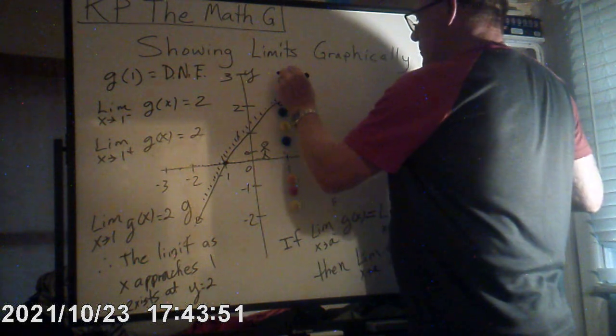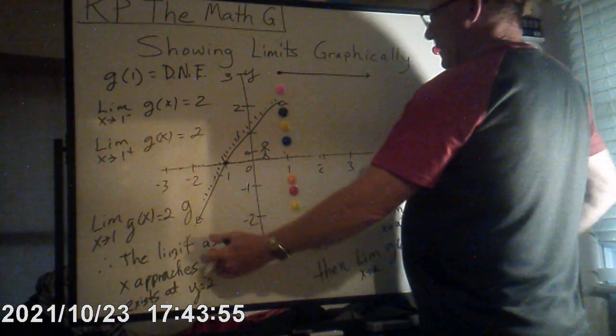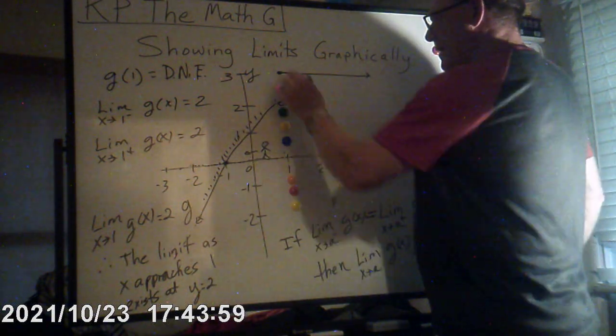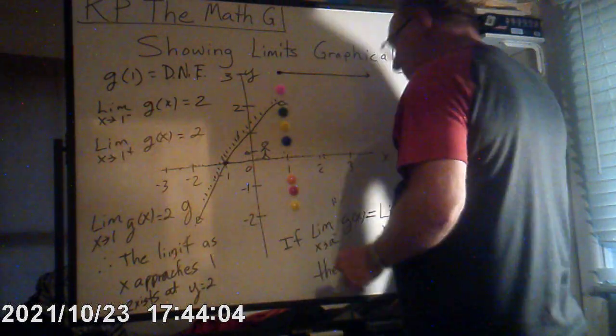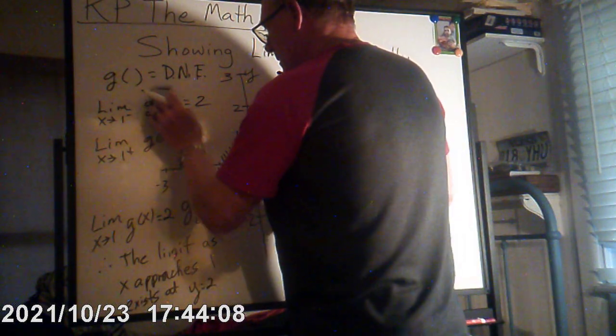You've heard of a piecewise function, haven't you? This is still a function of g. This is g from the left. This is g from the right. So does g at 1 exist?